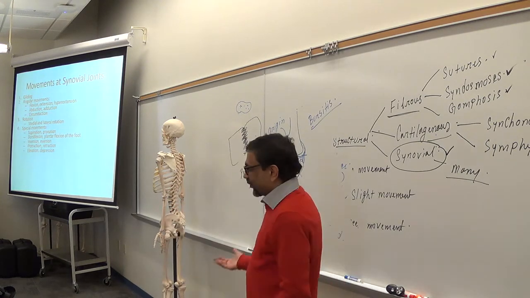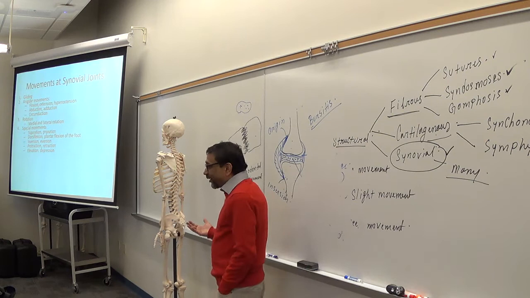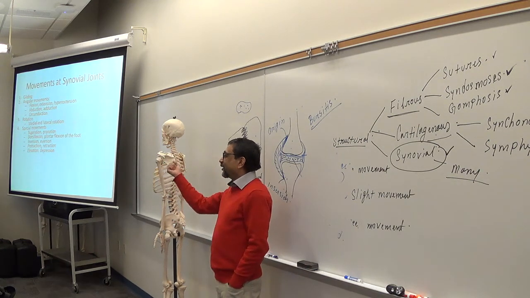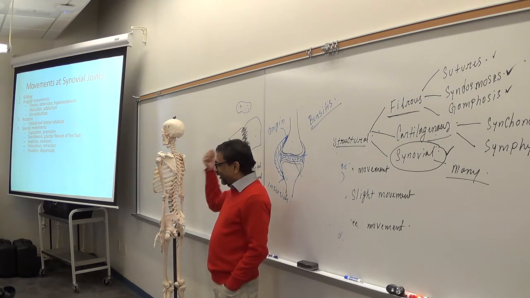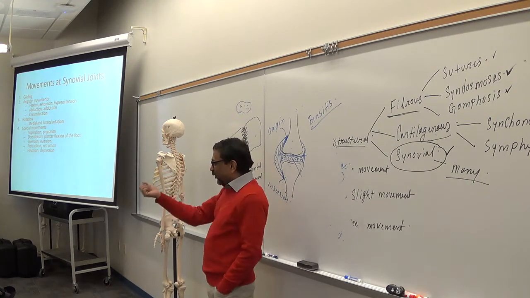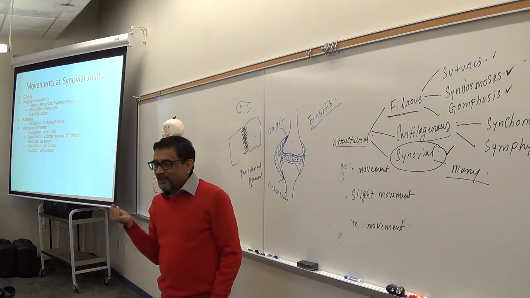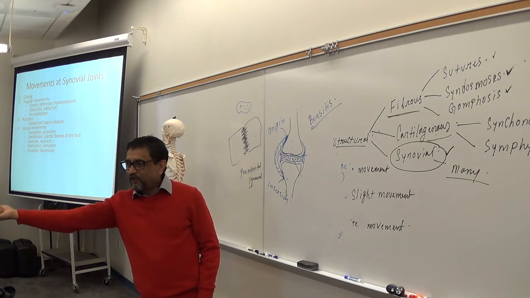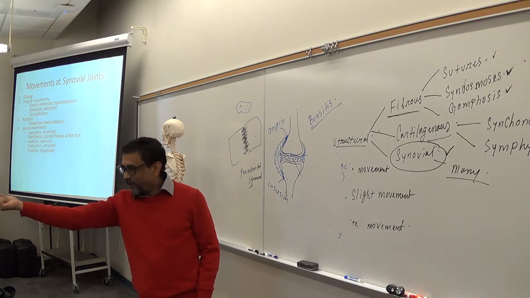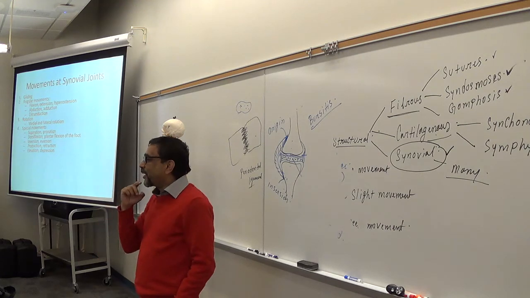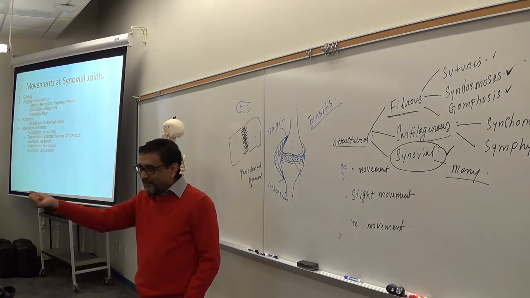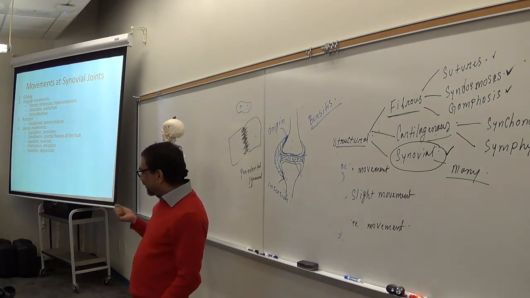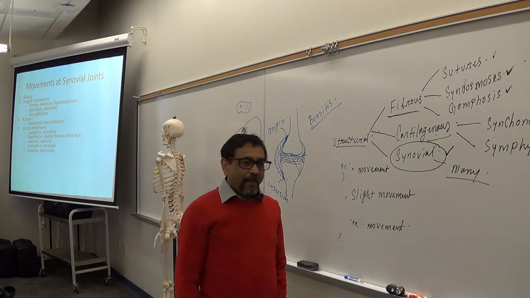Sometimes you'll hear, we have retracted the soldiers. Have you heard that? Retracted, pulled back, right? So, this is what? Protraction, right? Moving forward. Protraction of mandible. If I push my mandible forward, right? Retraction, bringing back. Okay.